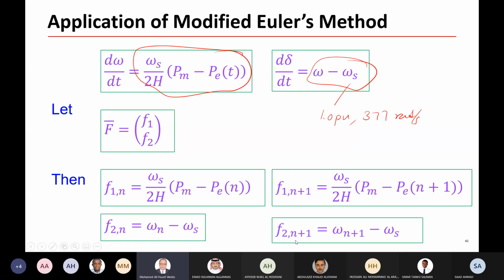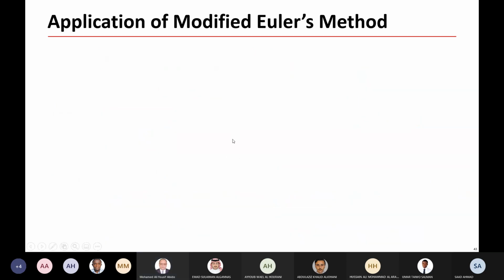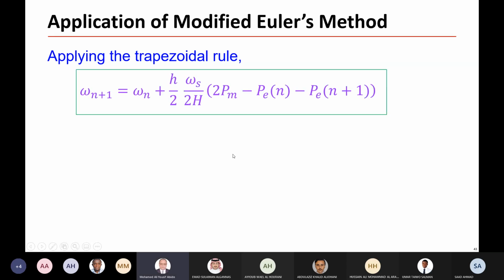For f2 of n plus 1, you calculate the omega at n plus 1. Applying the trapezoidal rule, omega n plus 1 equal to omega n plus h over 2 multiplied by f of n plus 1 plus f of n.